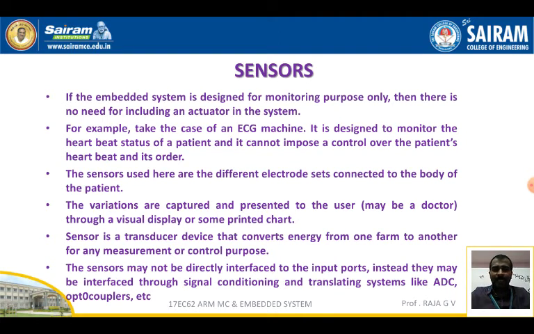It is designed to monitor the heartbeat status of the patient, and it cannot impose any control over the patient's heartbeat and its order. The sensors used here are the different electrode sets connected to the body of the patient. Variations of the heartbeat are captured and presented to the doctor through a visual display or some printed chart.